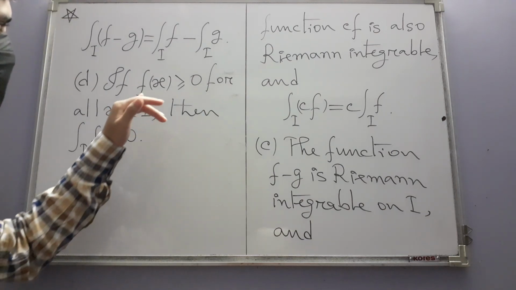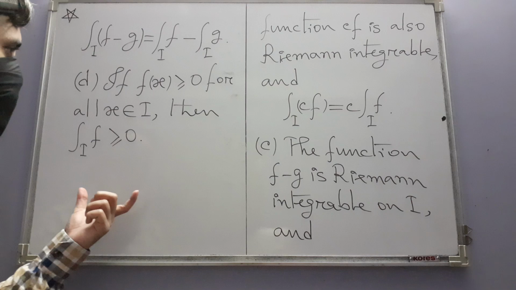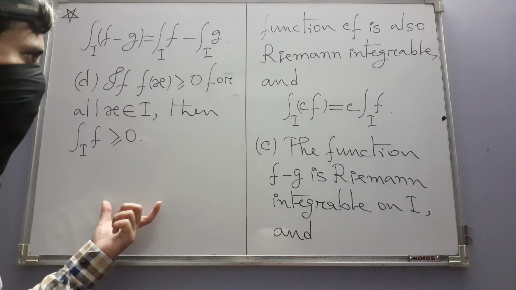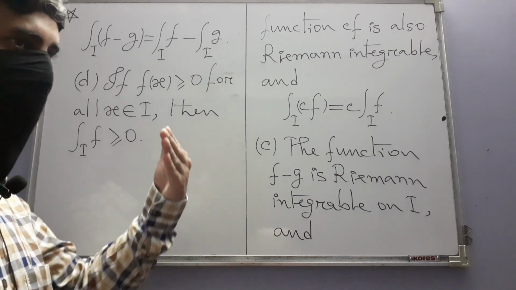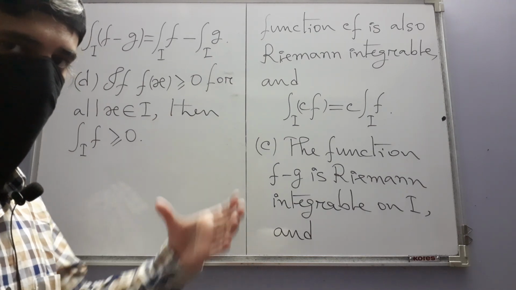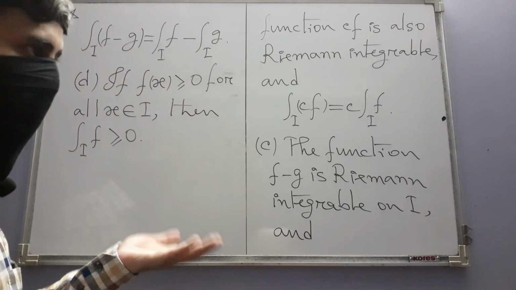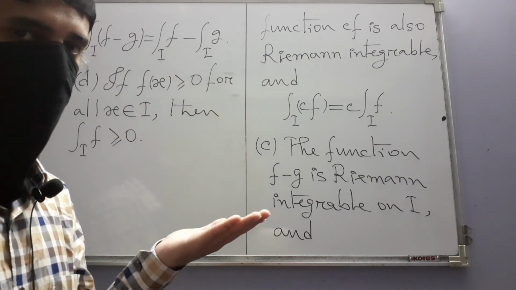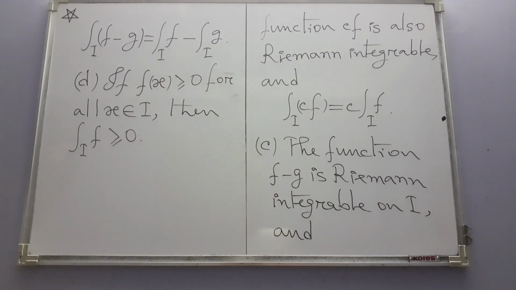Under the curve means under the graph of this function, and between the boundaries of the interval. I is a bounded interval, so I is going to have a left end and a right end. Between those two vertical lines, below the graph of this function and above the x-axis, you have a region, so this is the area of that region.